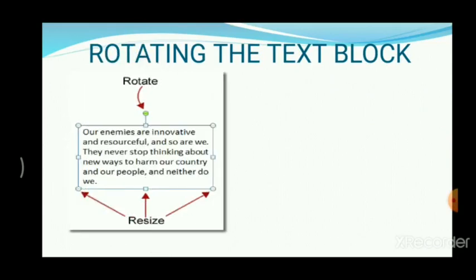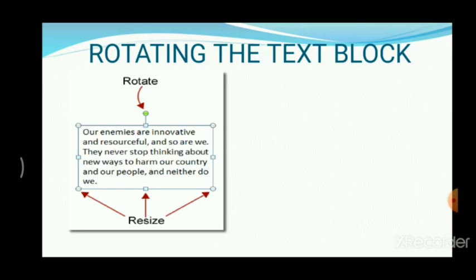Now we will discuss rotating the text block. Student, you can rotate the text block also in PowerPoint. It means to rotate the text blocks, you will click on the text in the placeholder. Okay, you will see the rotation handle.